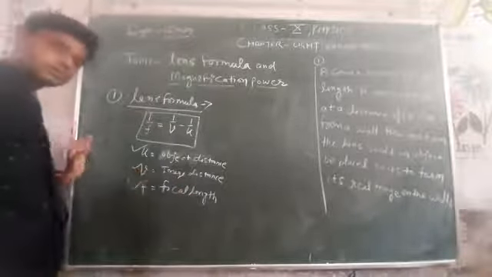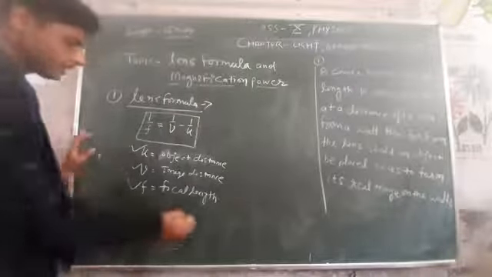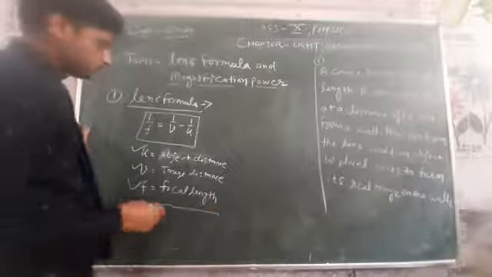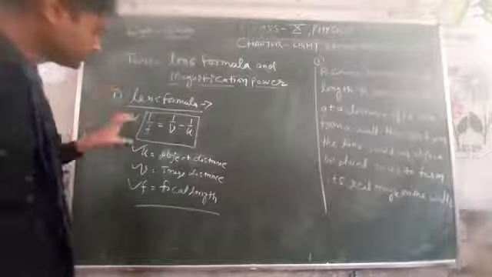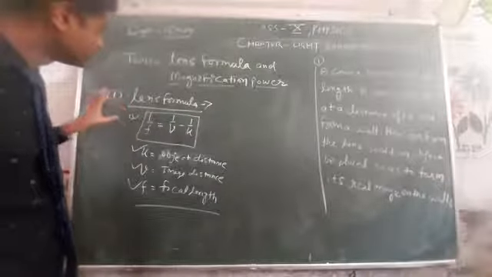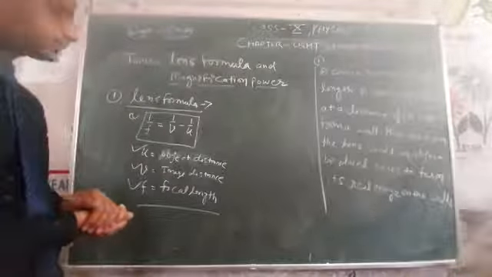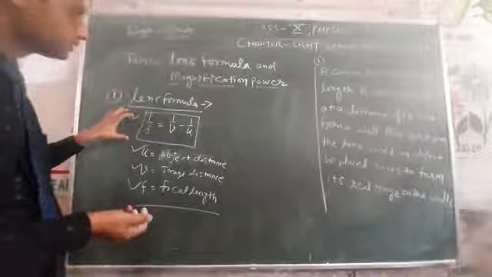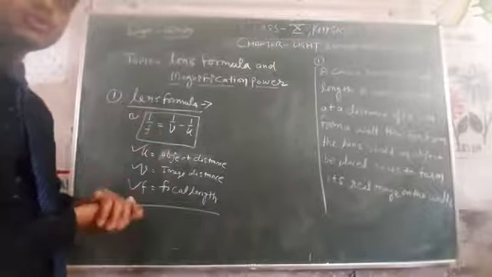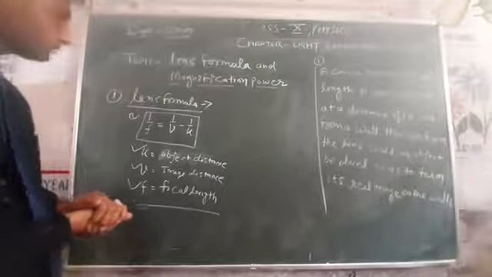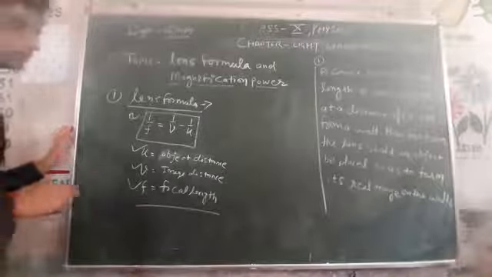I hope you understood. u is object distance, v is image distance and f is focal length. According to the 10th syllabus, we have to study and learn this formula directly. This formula is used to solve numericals. Okay? So I hope you understood about the lens formula.